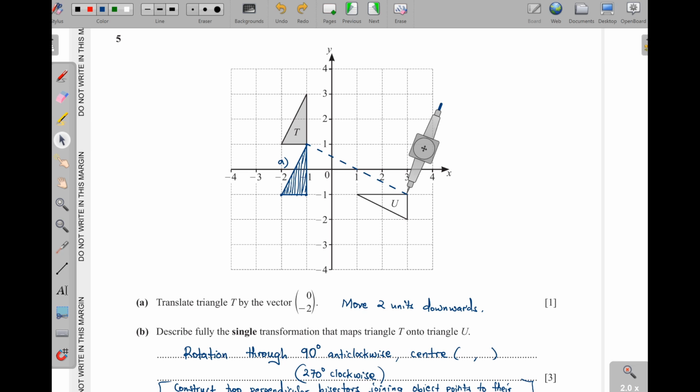Then without tampering with that compass, come down here, you also draw an arc. Don't tamper with that compass, just shift it, then you put it here, and then you also do the same. You draw an arc up and then an arc down.